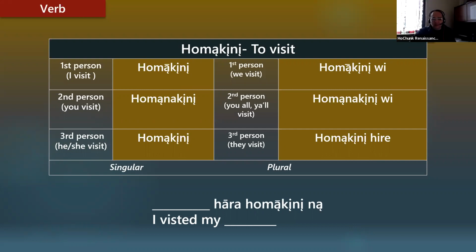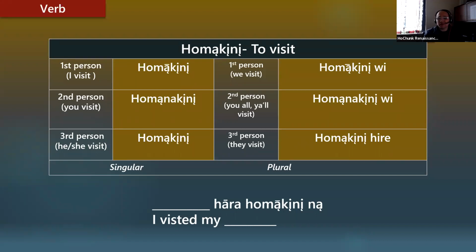Yeah, and I want to make mention, when we put na on the end, na right here, these are all ending vowels. As you see, I and E. So when you put na on the end, it describes that it already happened. I visited. We visited.